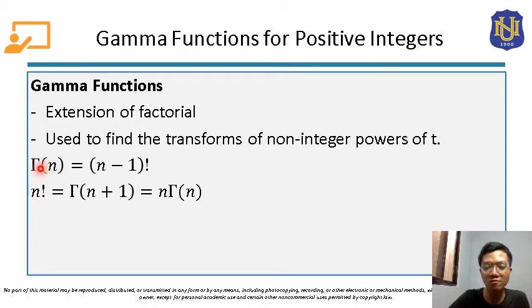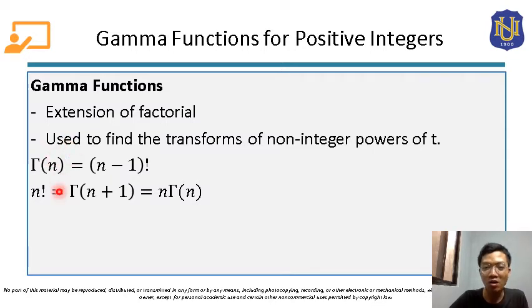Here, if gamma of n is equal to n minus 1 factorial, then for gamma of 5, using this relationship, gamma of 5 is equal to 5 minus 1 factorial. That will be 4 factorial, which is just 4 times 3 times 2 times 1. So what happened there is that we did not include 5 for gamma.